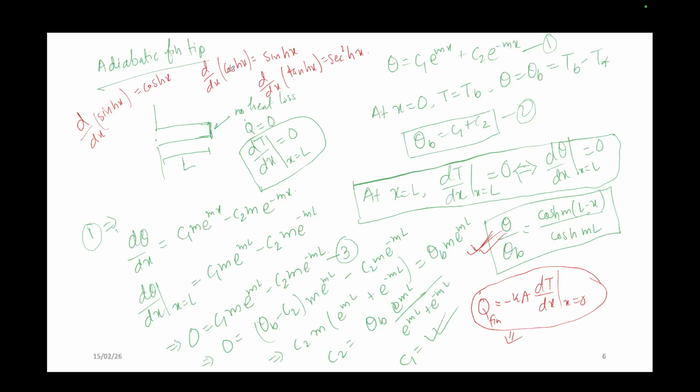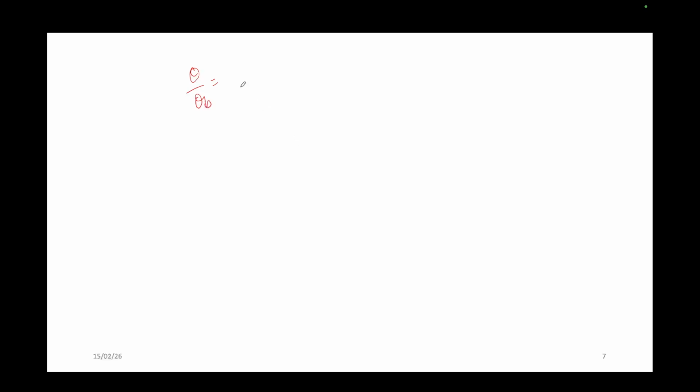Just one case I am solving. This is what was given here: cosh m(L minus x) by cosh mL.